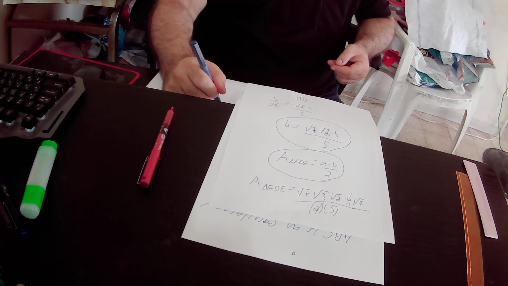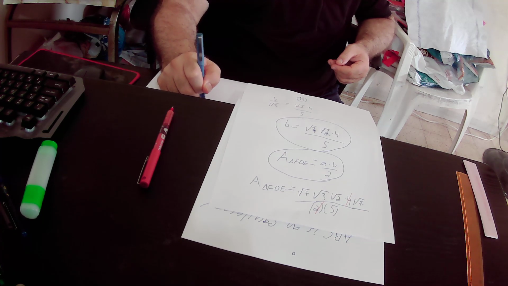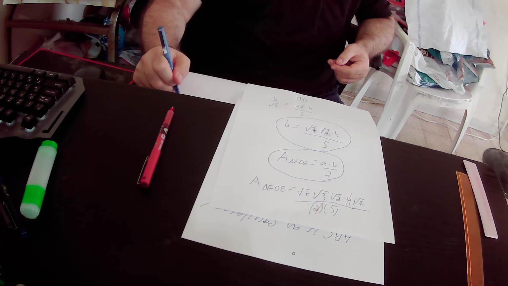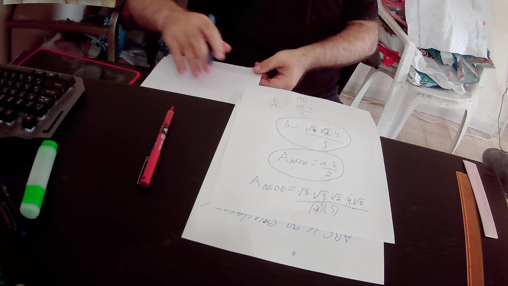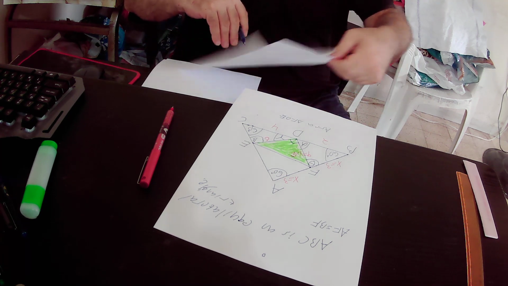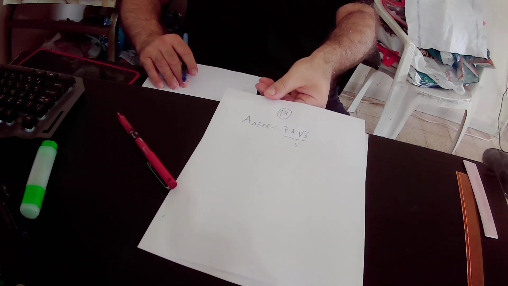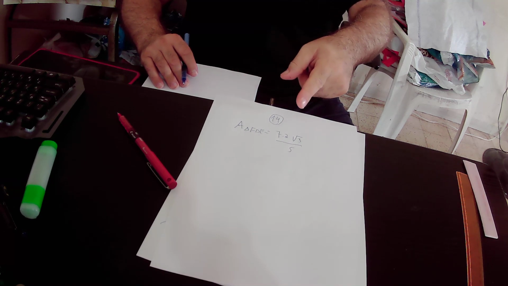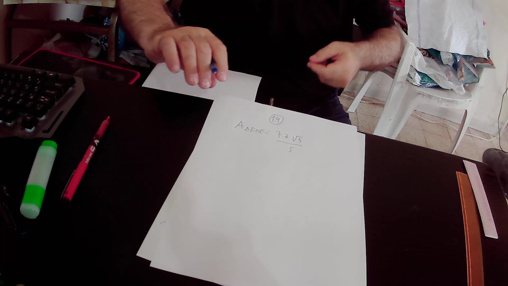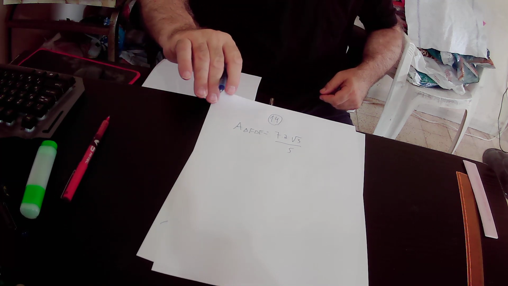So the area of triangle FDE equals 7 times 2 times root of 3 over 5. 7 times 2 is 14.